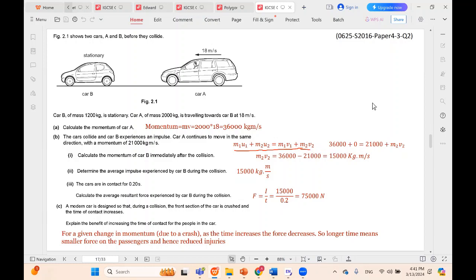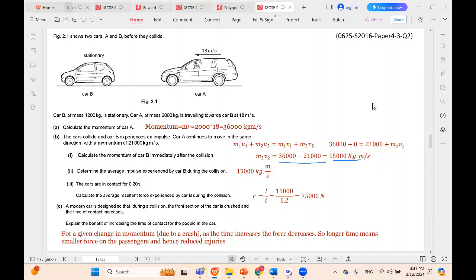The momentum of A before the collision was already calculated as 36,000. The momentum of B is 0. The momentum of A after the collision is given as 21,000, so we write that here instead of m1v1. And we want to get m2v2. So we simply subtract 36,000 minus 21,000 and we get the momentum of B.